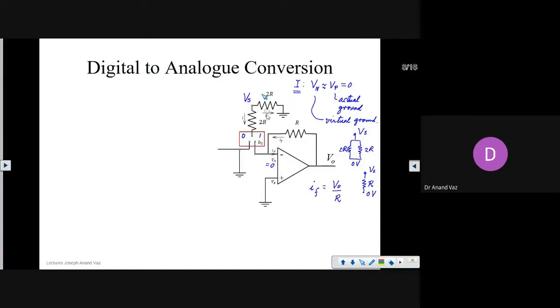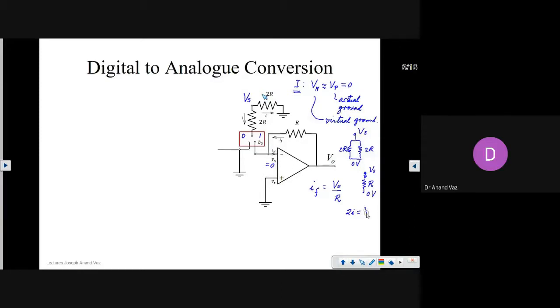So you can see that the current that is drawn here, 2 times I, is actually equal to what?